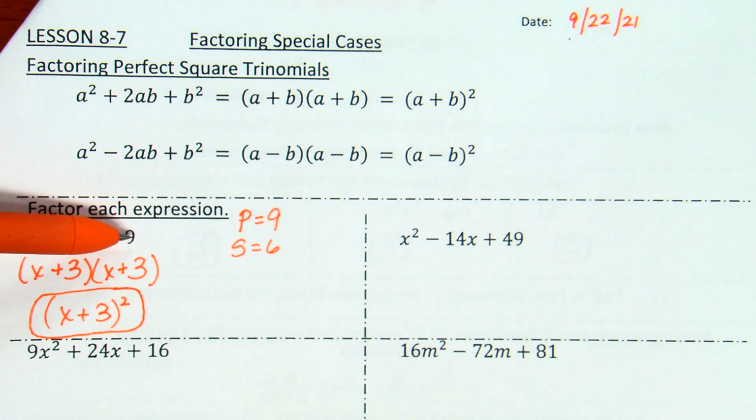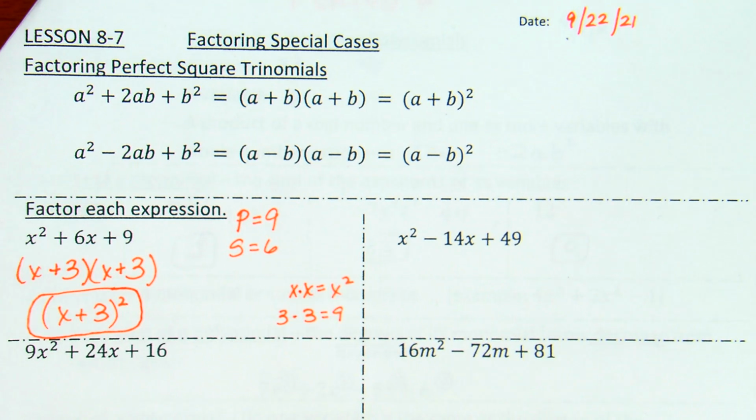So it's a perfect square because the square root of 9 is 3, because 3 times 3 is 9. Up here, the square root of x squared is x, because x times x is x squared. If you can watch for that, it's going to help you a little bit, especially when we get into bigger numbers.